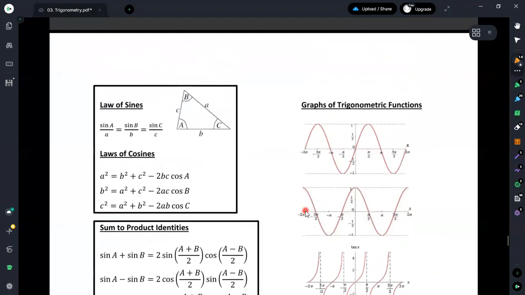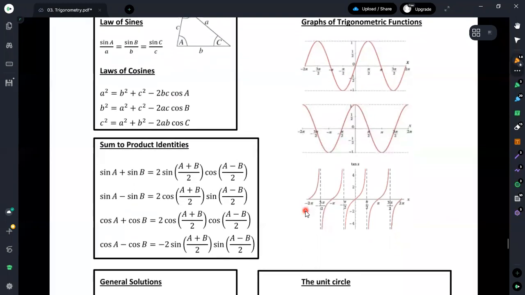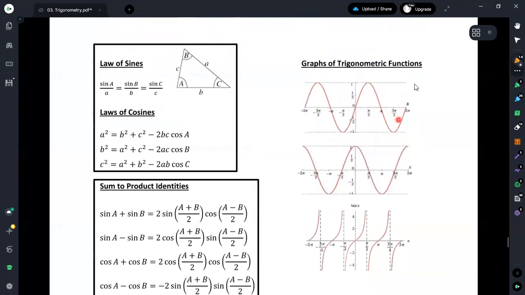Okay, now we will move on to the graphs of the trigonometric functions. These are the graphs obtained by substituting values into the function. The first graph is for the sine function.